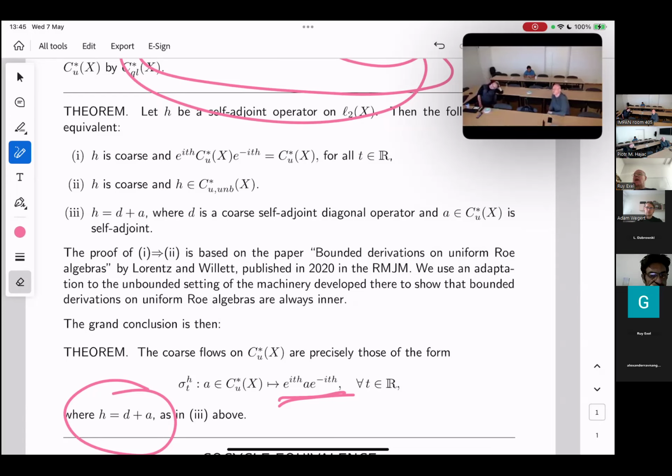You can change one pair D, A by adding an L infinity diagonal element to D and subtracting it from A. That's the only non-uniqueness that you get.